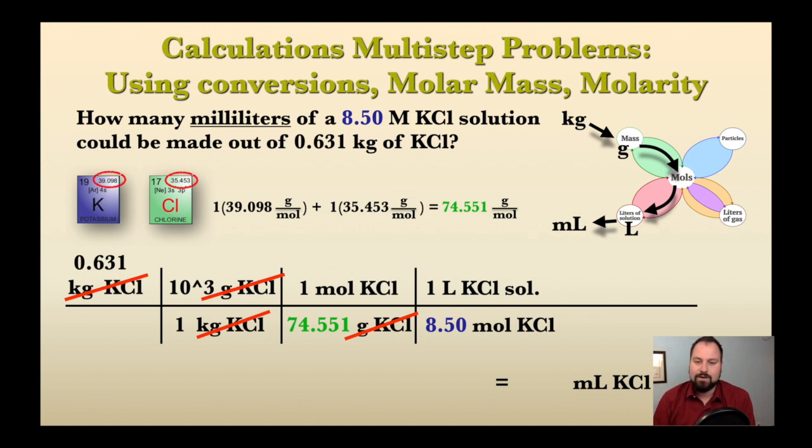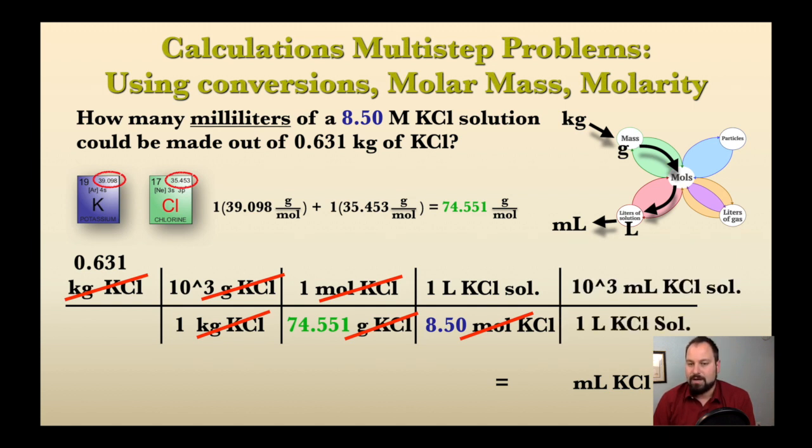And now that we can cancel out the moles, we are left with liters, but they do want it in milliliters. So we're going to do one more conversion, 1 liter on the bottom is equal to 1,000 milliliters on the top. Liters and liters will cancel out if we do it this way. This will give us our final milliliters.